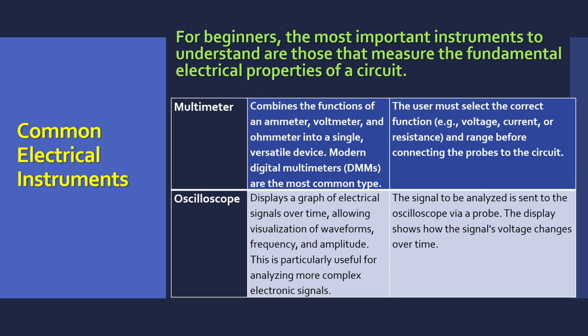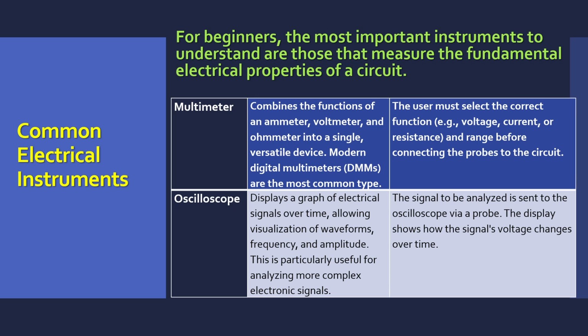Then you have oscilloscope as the instrument to measure. This displays a graph of electrical signal over the time and allowing the visualization of the waveform, frequency, and amplitude. And this is particularly useful for analyzing more complex electronic signals.